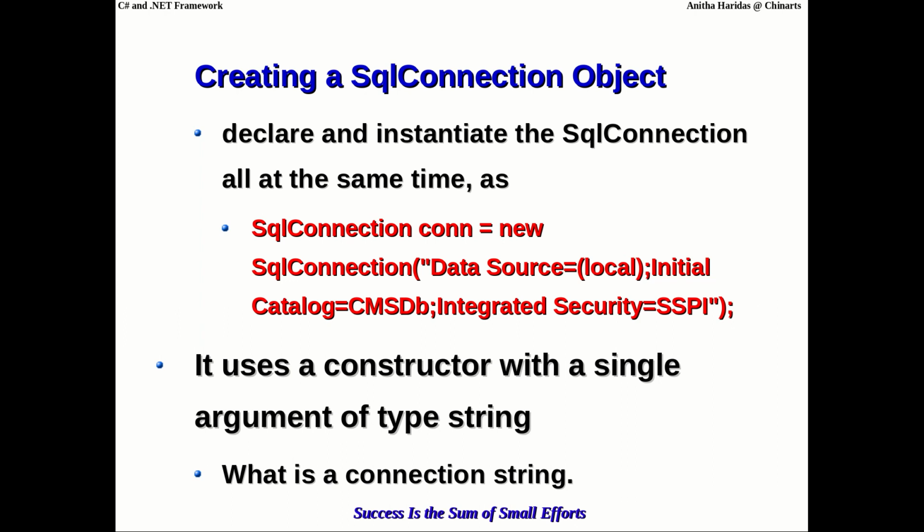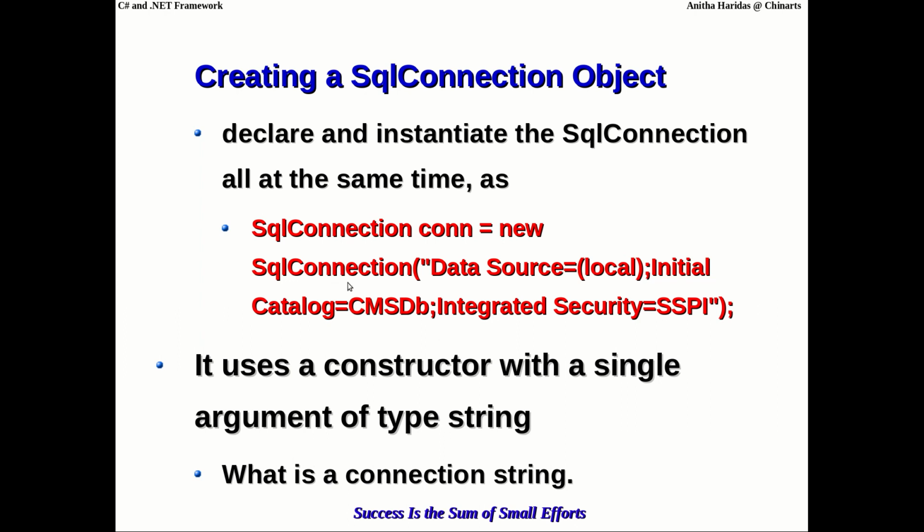Whereas for the SQL connection string, you have to use this particular format: data source equal to, and the catalog. Catalog specifies the database name, and the security, etc. And it will use a constructor with a single argument of type string, and this is what you call a connection string.